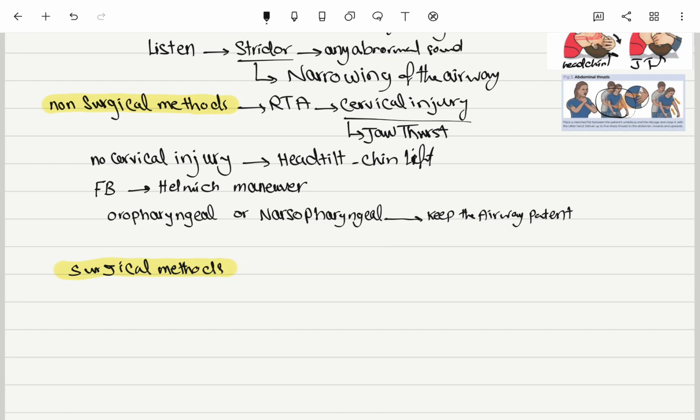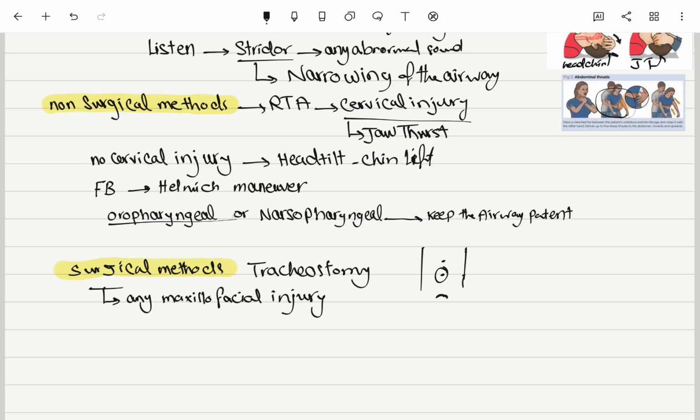Surgical methods is like tracheostomy. Tracheostomy is an opening. It is done between the notch here and the cricoid membrane. It is midway between them. I will use tracheostomy to open the airway surgically if there is any maxillofacial injury.